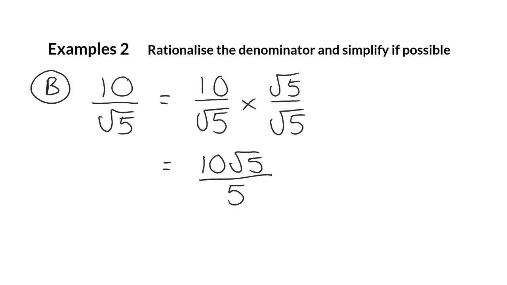Now, what we need to recognize here, with any fraction we're dealing with like this, is that we still have to divide if we can, or simplify by taking out a common factor. 10 will divide by 5, or we could take 5 out as the common factor, and it'd be a 2. So the final answer would be 2 root 5 on its own. We can't just leave it as 10 over 5. We know that 10 over 5 is a divide, and so 10 root 5 over 5 is 2 root 5.